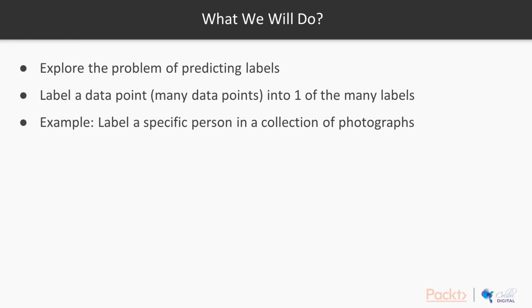What that means is we are trying to label a data point or many data points into one of many labels, right? So what kind of problems are of this nature? For example, you might have a collection of photographs and you want to label who is in that photograph, right? There's no middle ground between your friend John and your friend Mary.